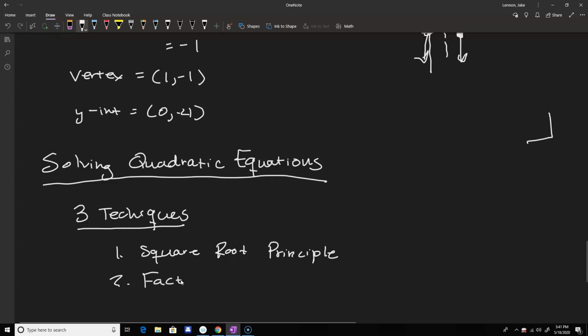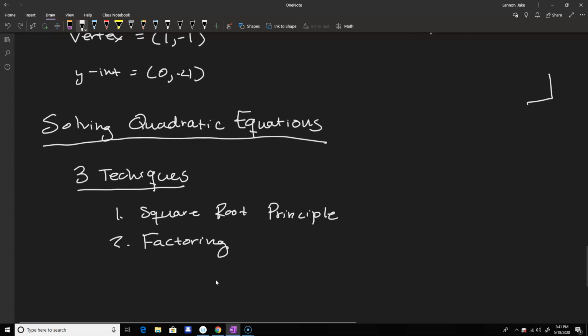We use the idea of the square root principle and factoring to come up with the quadratic formula through the method of completing the square. But I don't think we're going to be going over that. We're just going to look at the specific techniques here, since we'll encounter them, and we want to get to the applications as soon as possible.